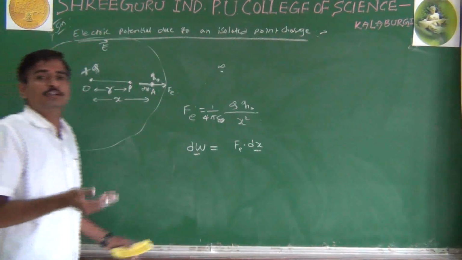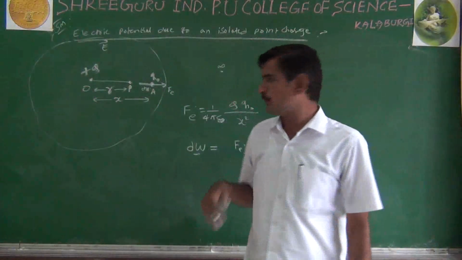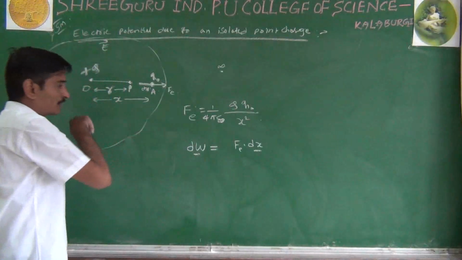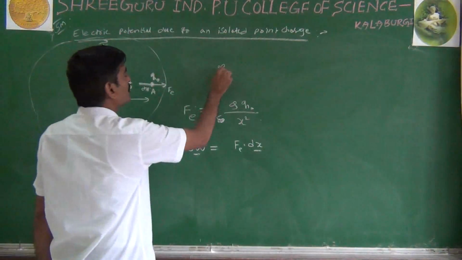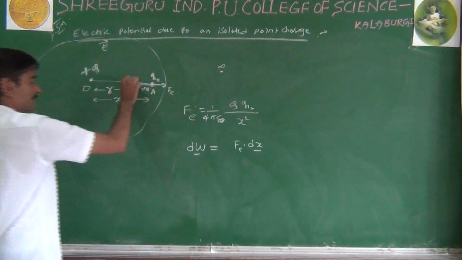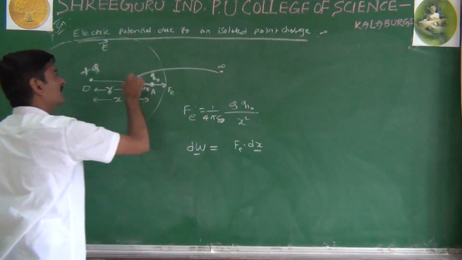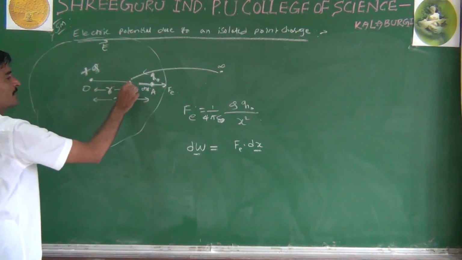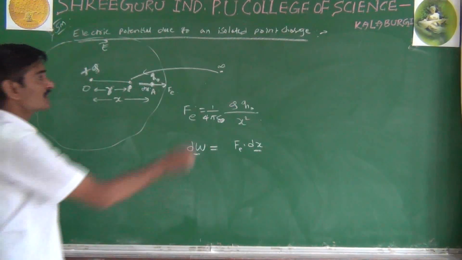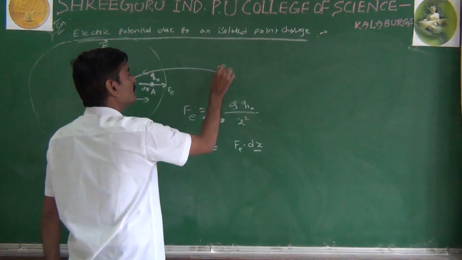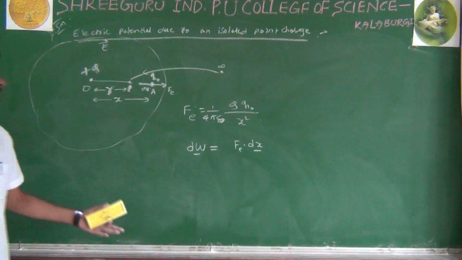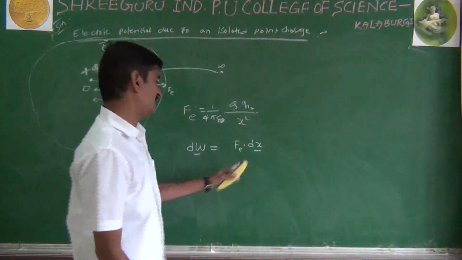So now the total work done in moving the charge Q0 from infinity to the point P, because we want to find the electric potential at the point P. The total work done in moving the test charge from infinity to the point P can be obtained by integrating this.